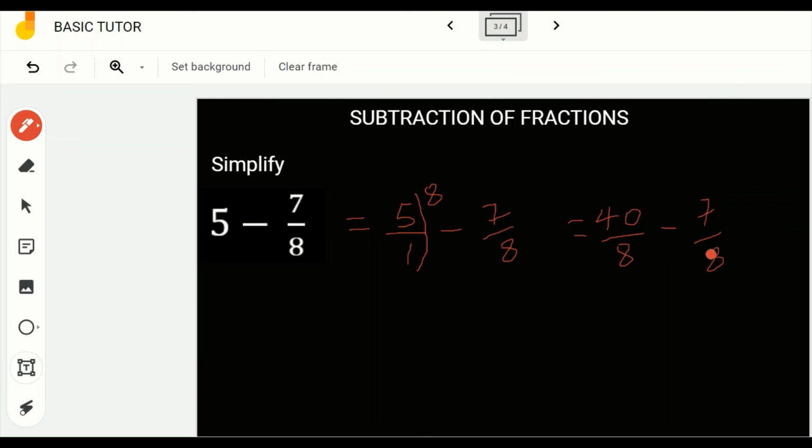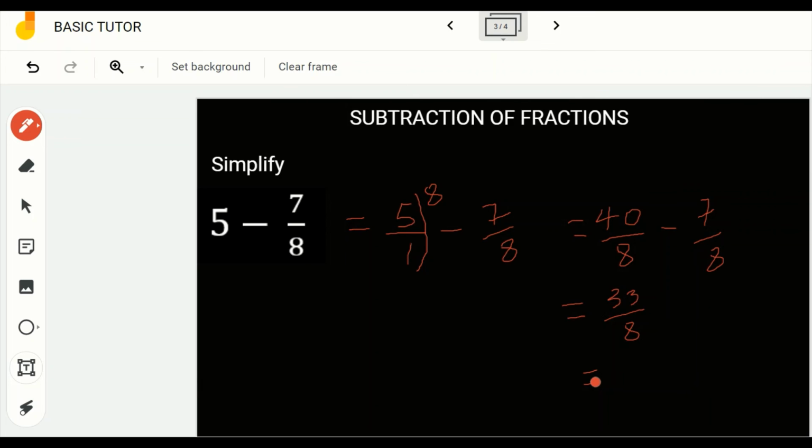Alright. What next? We subtract. So we have 40 minus 7 gives us 33 over 8. Remember, this is an improper fraction, so we have to convert it to a proper fraction.